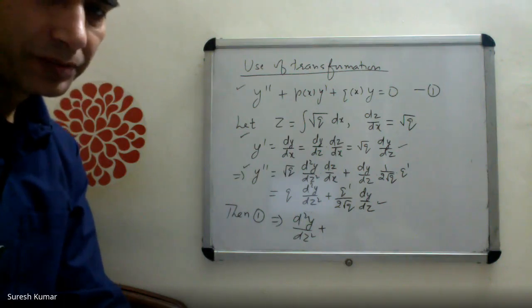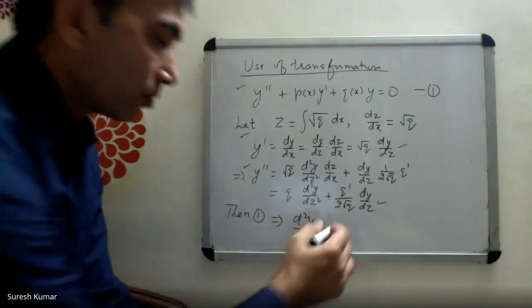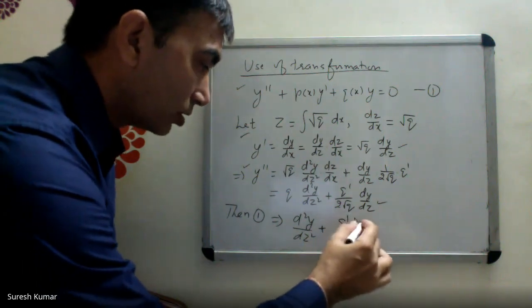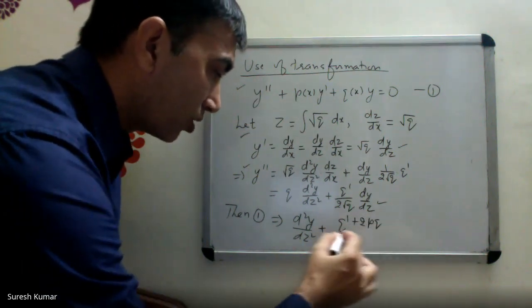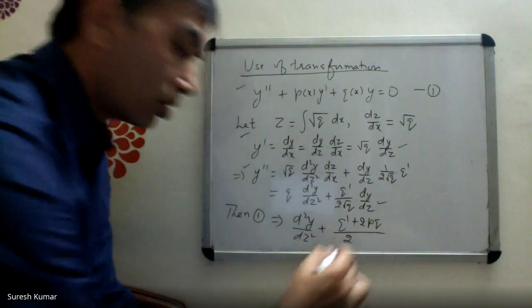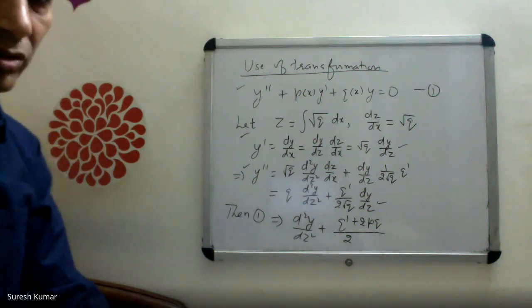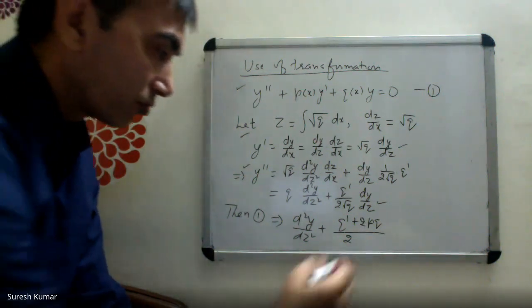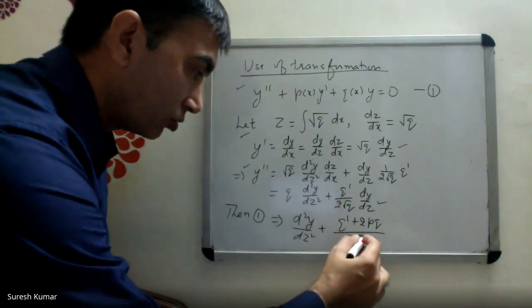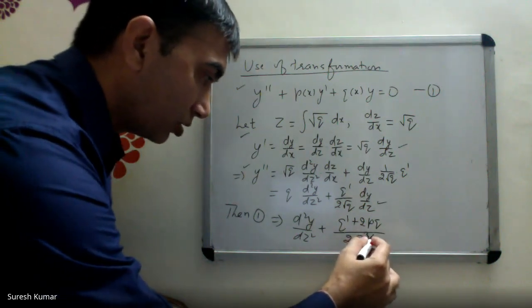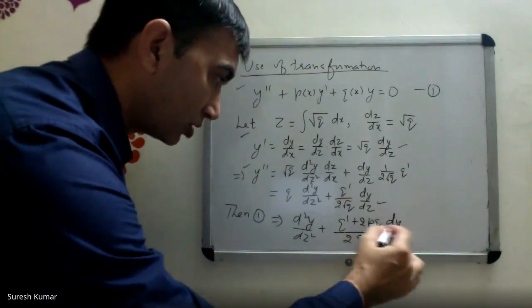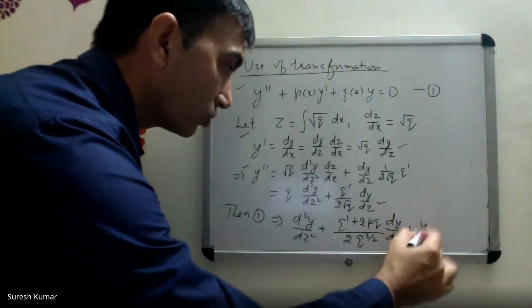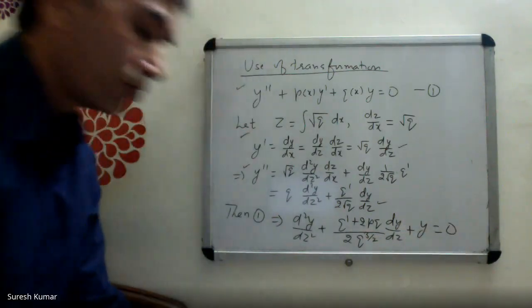Check it. q prime plus 2pq over 2q power 3 over 2, dy over dz, plus y equal to 0.